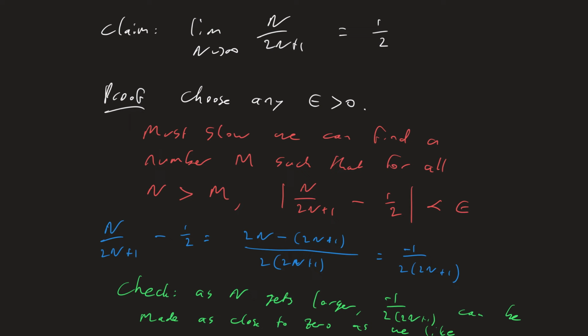You choose any error you like, arbitrarily small, and I have to be able to find a number, let's call it capital M, maybe 1,000,000, 1,000,000,000, some very large number M, such that for any n, for every single big N larger than this number M, we have to have that this expression here is within epsilon of 1/2.